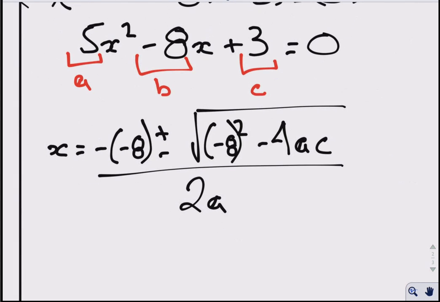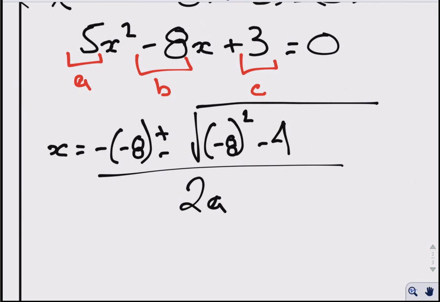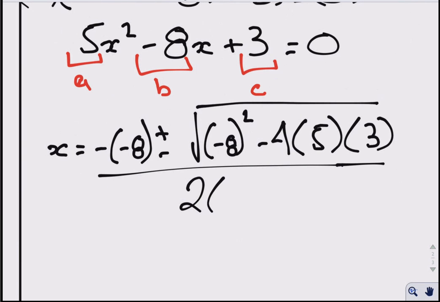That 2 again. So -8 squared, all square rooted. And the 4ac, same thing. I'm going to replace the a with 5 and the c with 3. And finally, that's all over 2 times a, which is 2 times 5.